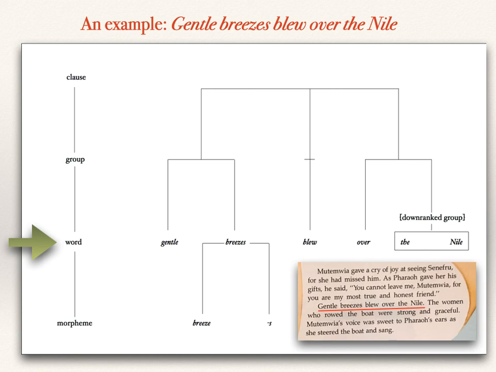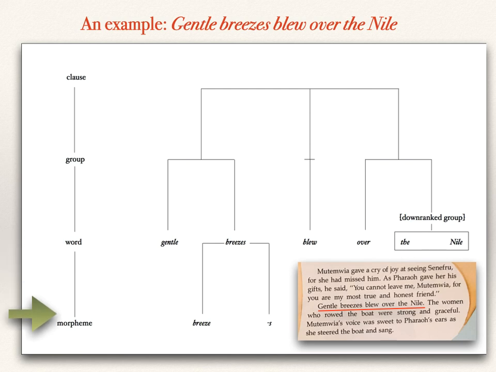Well, you know that blow is a strong or irregular verb, and in fact blew, in a sense, incorporates both blow plus the past tense. So that's an interesting feature. We won't pursue it now, but it's a characteristic of a number of words in English.